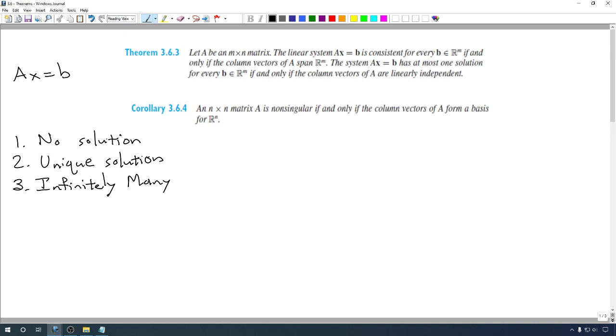Because of Theorem 3.6.3, being consistent means that the columns of A both span Rn and are linearly independent. And that is exactly what we need by definition to be a basis for Rn. So being non-singular is equivalent to the columns of A being a basis for Rn.